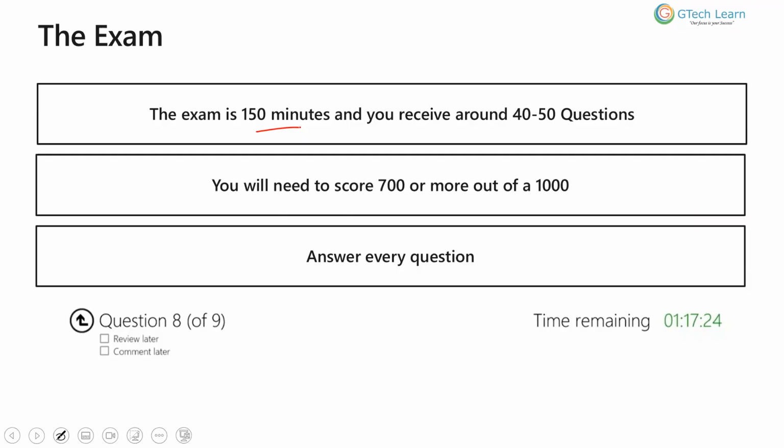Out of these 150 minutes, 30 minutes are given for your environment setup, the survey, and the starting questions about your experience and knowledge. Other than that, 120 minutes are available for the actual paper.